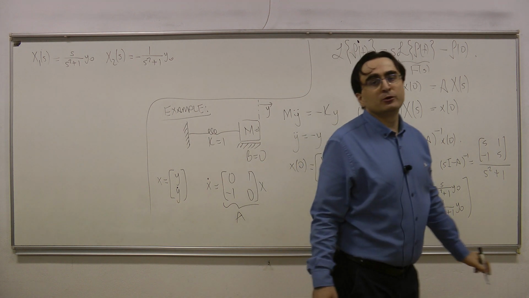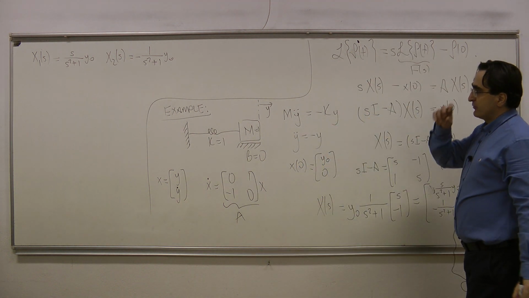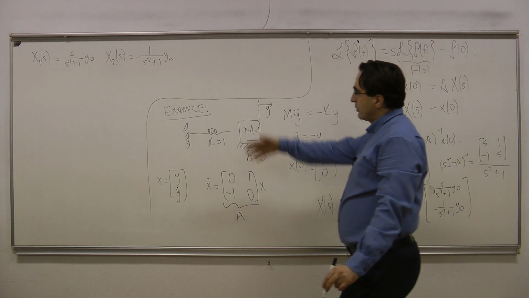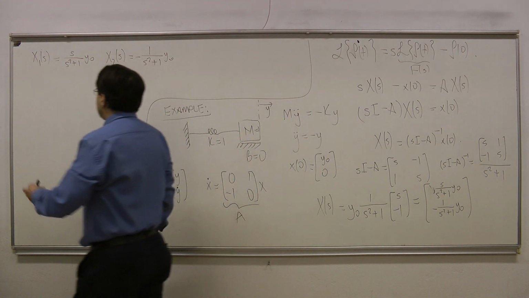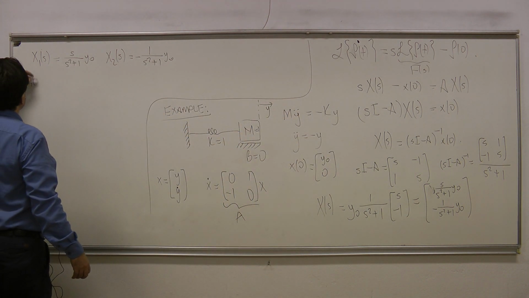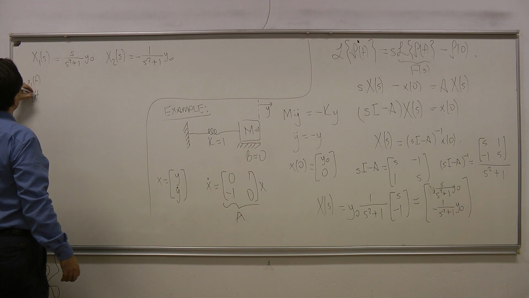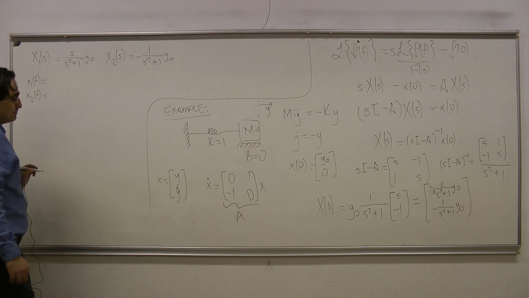Now you would have to remember some Laplace transform knowledge here before we can continue. Now I would like to calculate what x1 of t is and what x2 of t is. Okay?